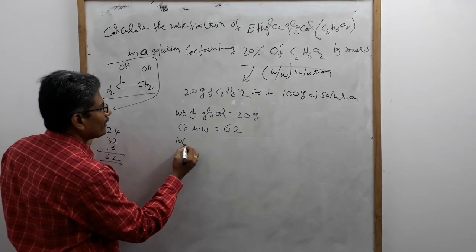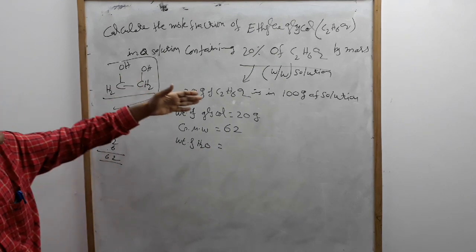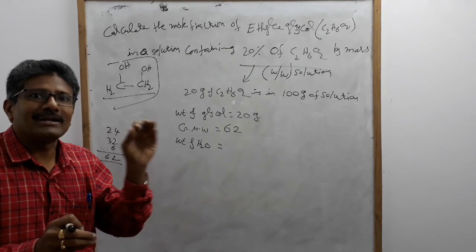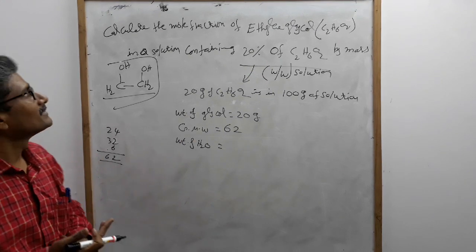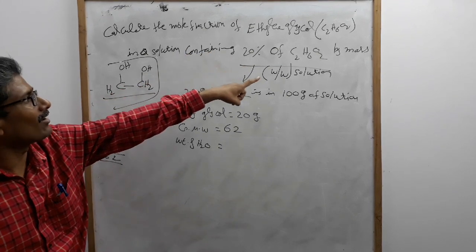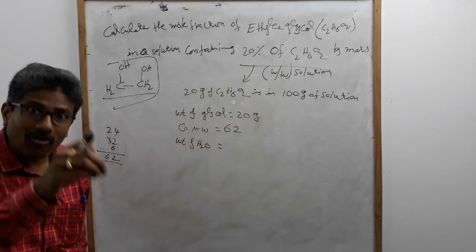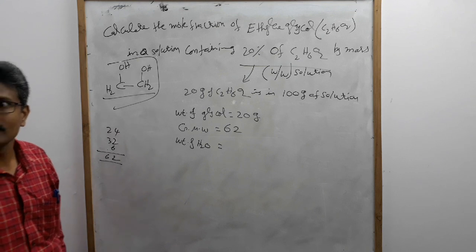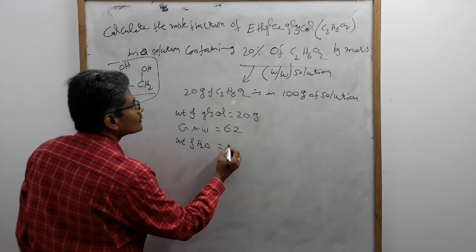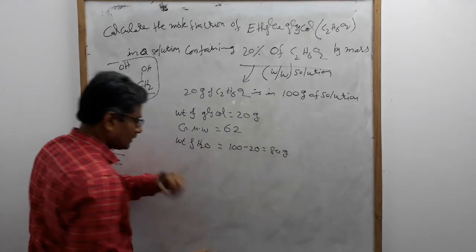Right, next, weight of water. How can we say water is present? If no solvent is given, consider water as the solvent. So 20 grams of ethylene glycol is in 100 grams of solution, then the weight of the water is 80 grams. 100 minus 20 is 80 grams.